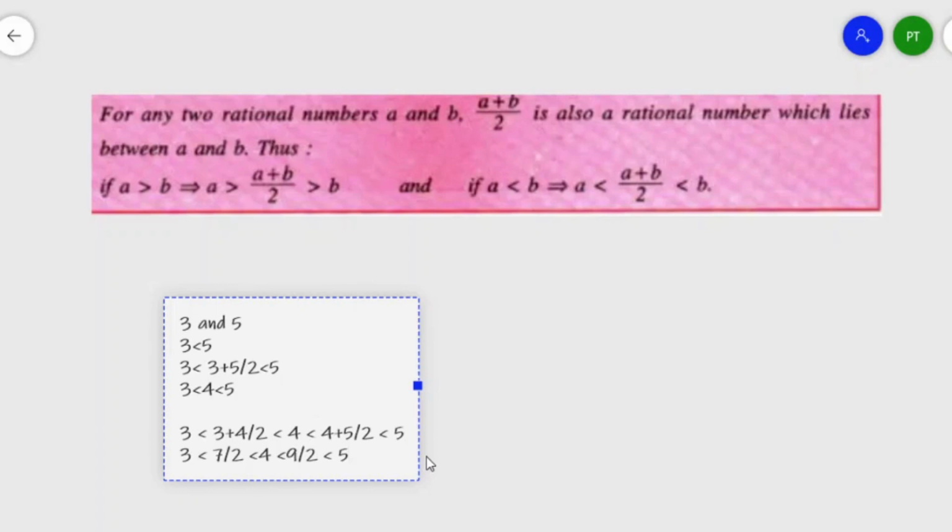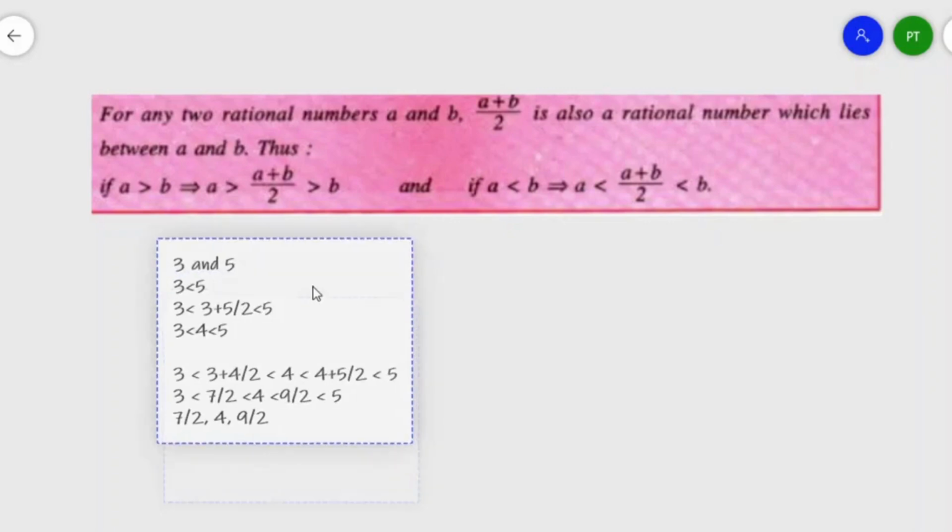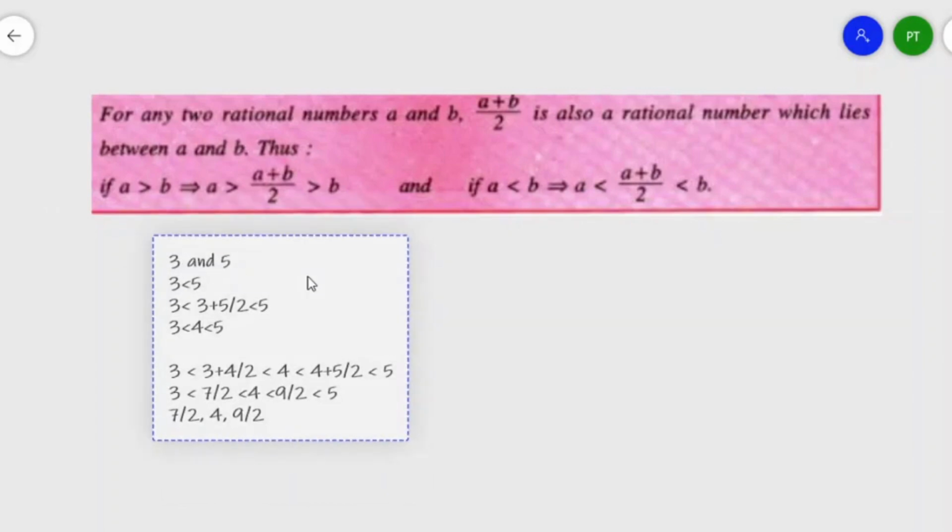So therefore your rational numbers between 3 and 5 are 7 by 2, 4, and 9 by 2. These are your rational numbers. You can also write it as 4, 9 by 2. You can also convert this improper fraction into a mixed form, and also you can write it that way. So this is an example on this condition.